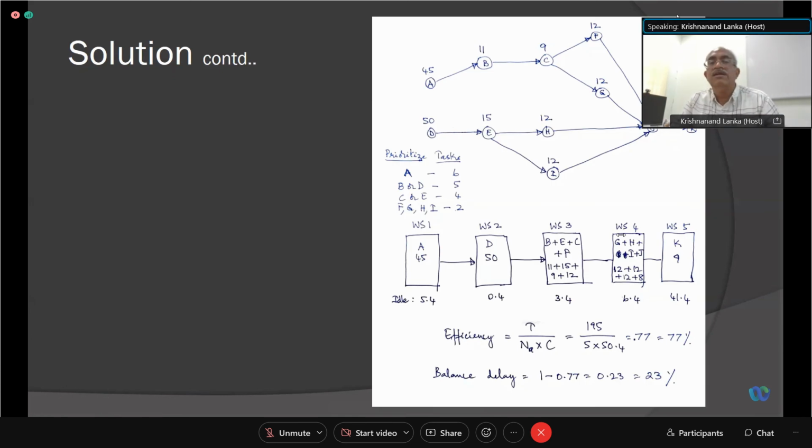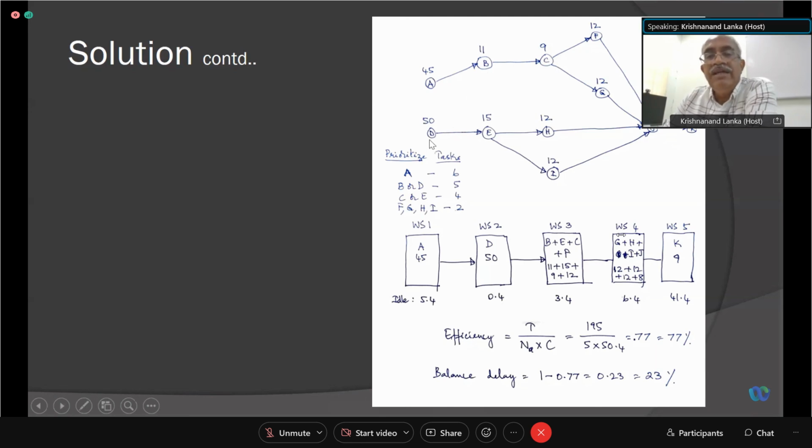You are seeing it now. This is what we call an AON diagram, activity on node, whereas the arrow represents the technological precedence. So here we are saying unless task A is completed, you cannot start task B. Similarly, task C can only start once B is completed.